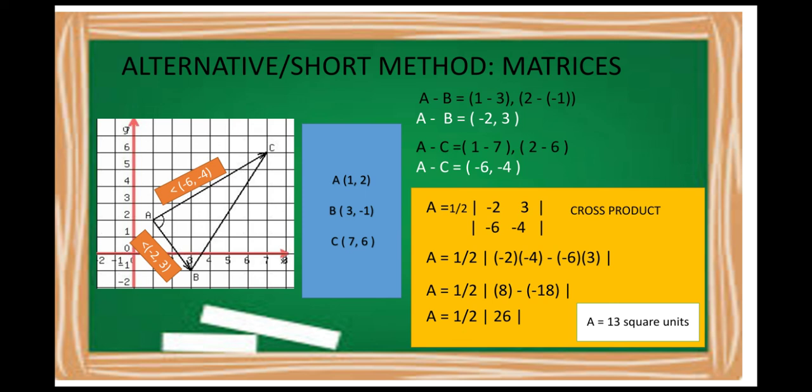Alright, so there are actually 5 methods or 5 ways to solve for the area of a triangle given vertices, but I just chose these 2 methods, which are the shortest ones. It depends on you which you prefer, whether you will use the Shoelace method or this matrix or matrices method.